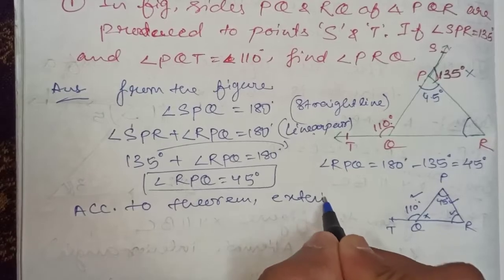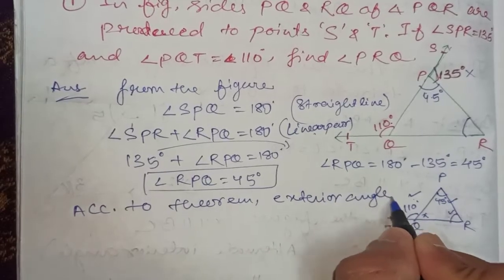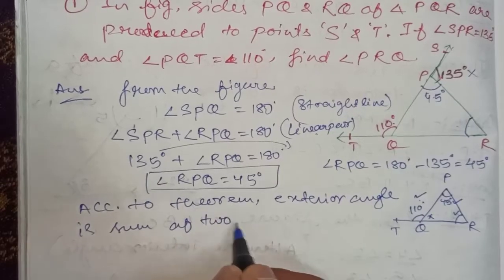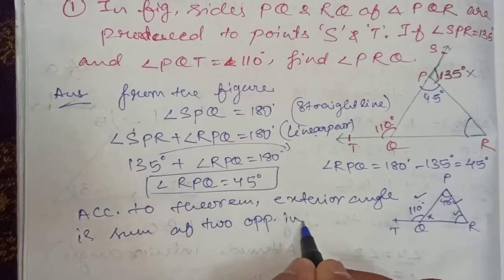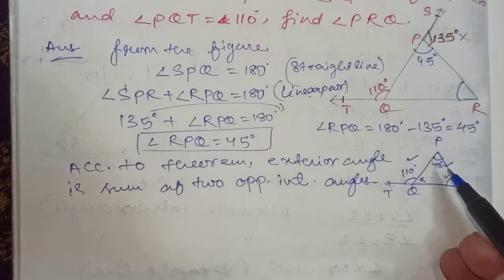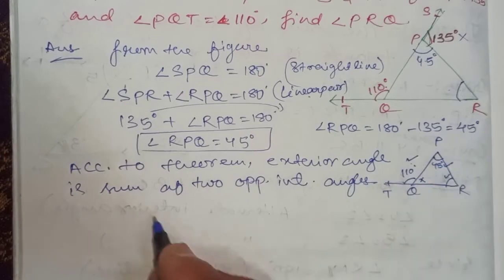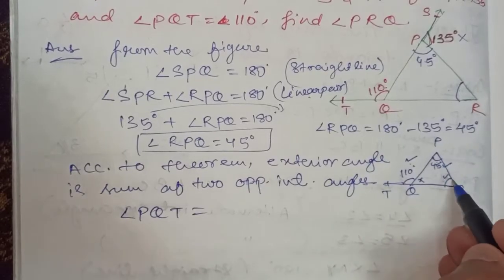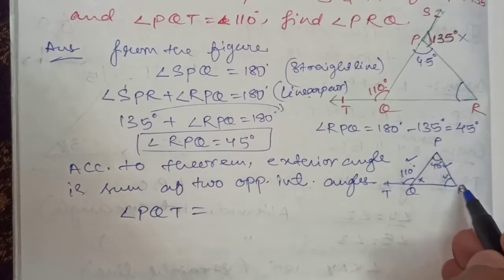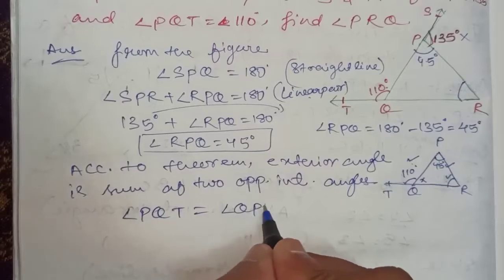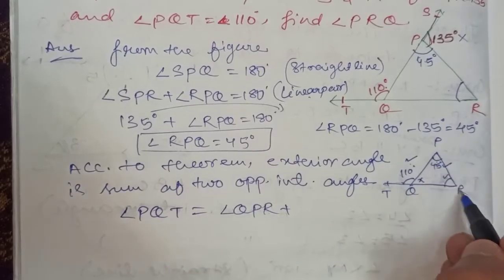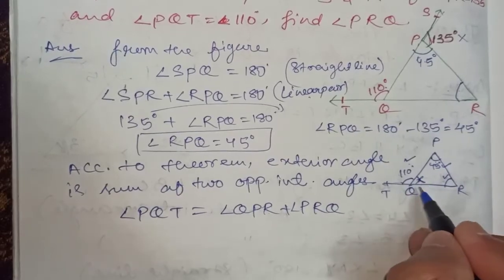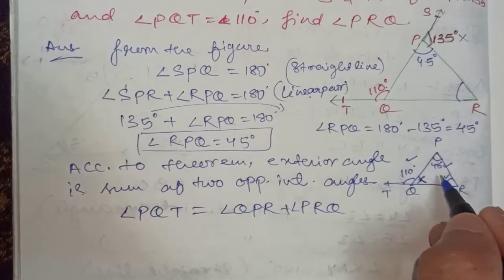exterior angle is the sum of two opposite interior angles. What is the exterior angle here? Angle PQT. Angle PQT equals the sum of two opposite interior angles: angle QPR plus angle PRQ. Don't write this other angle, because tick cross tick tick, only the opposite ones we have to take.